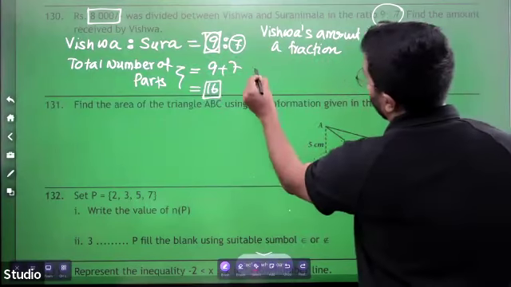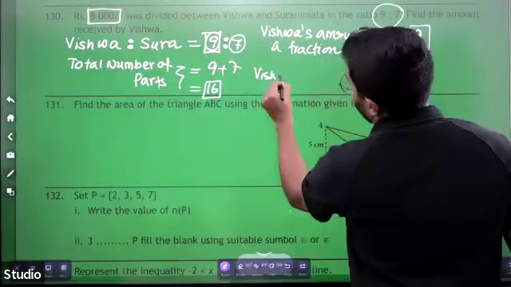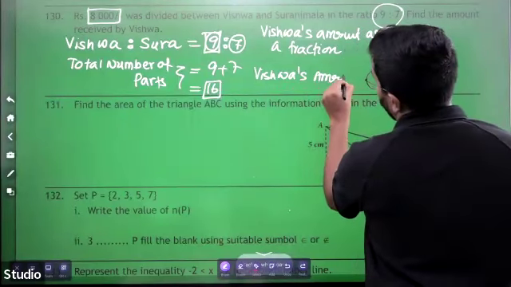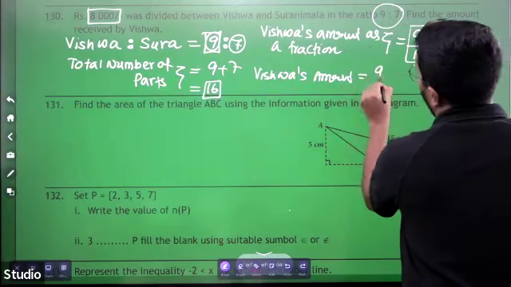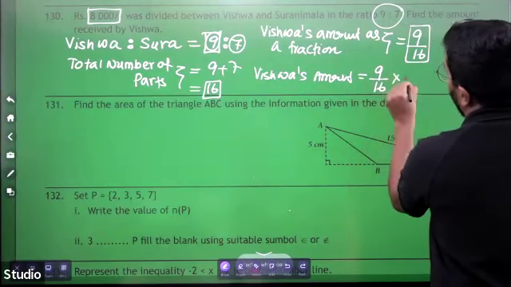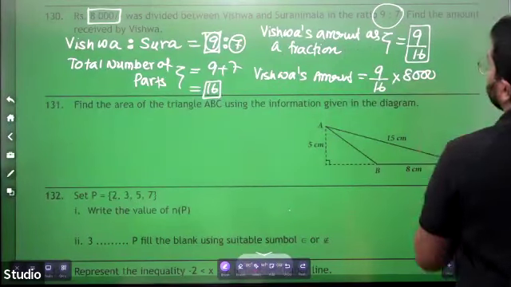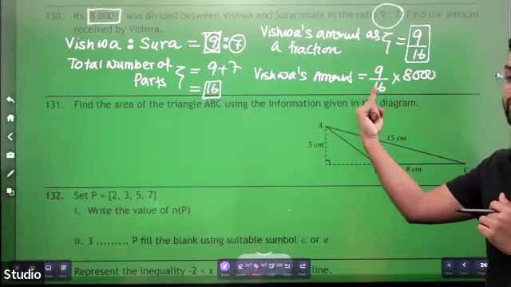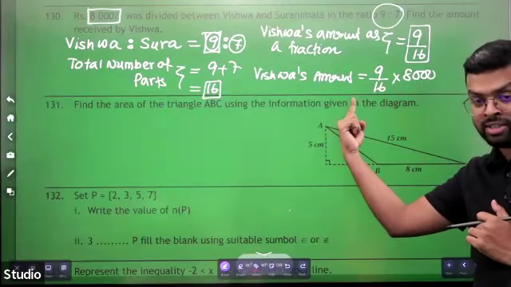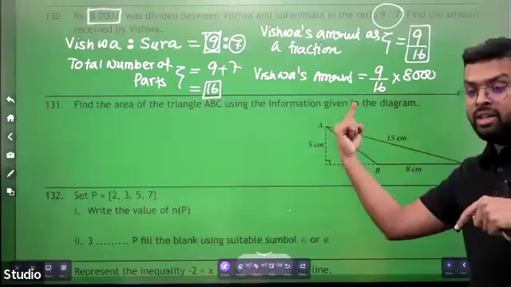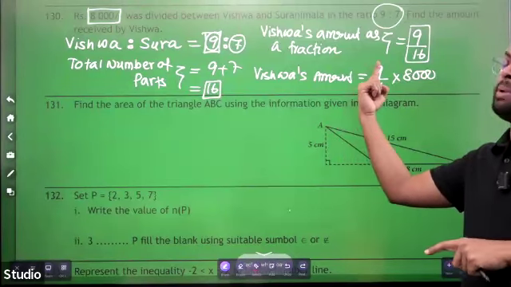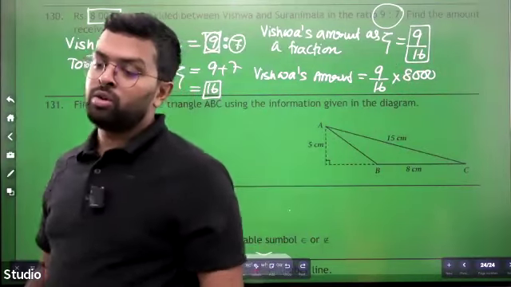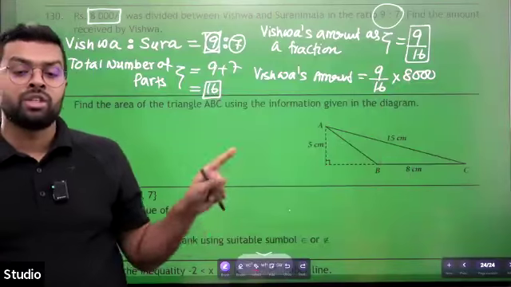So Vishwa's amount is 9 over 16 of 8,000. So we have to divide 8,000 into equal 16 parts, and then multiply this amount by 9 in order to get Vishwa's amount. So quickly let's divide 8,000 by 16.